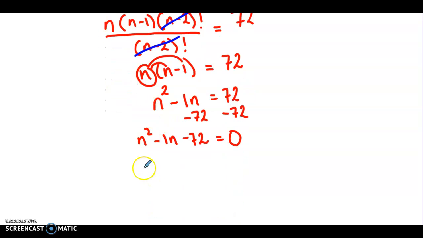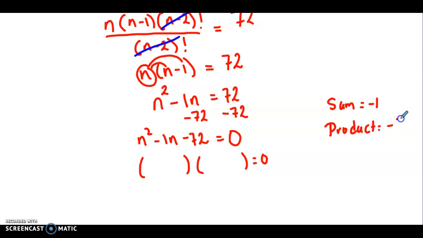From here, we need to factor. So we are looking for 2 numbers that have a sum of negative 1 and a product of negative 72. What plus what will give me negative 1, and what multiplied by what number will give me negative 72?